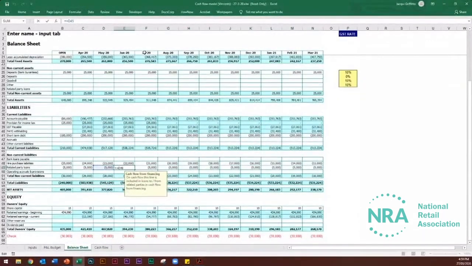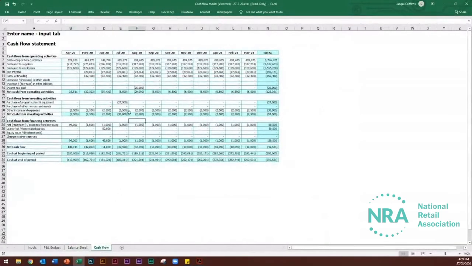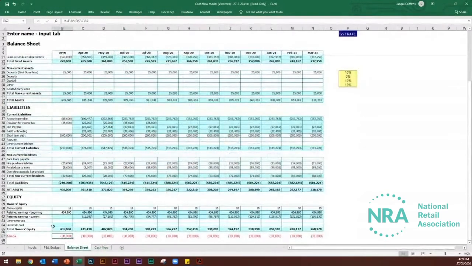So if you know you can put in another 50,000 from other sources as a related party loan, you can put that in and that's going to flow through into the cash flow. But here, just making the opening balance correct is the key thing.